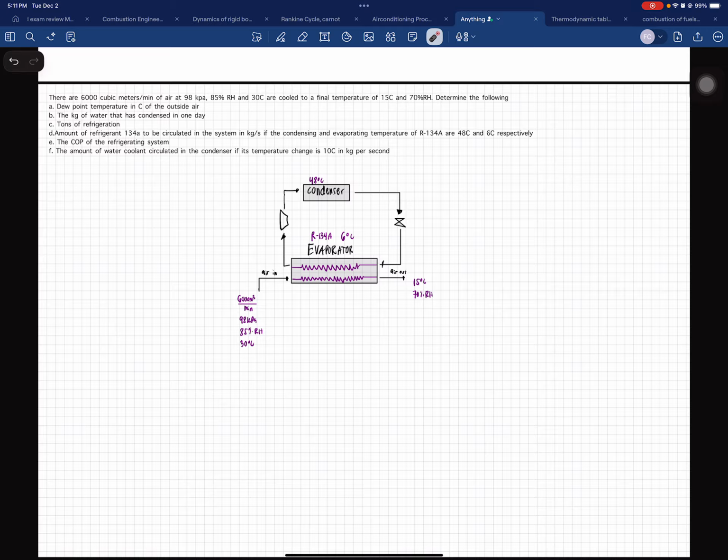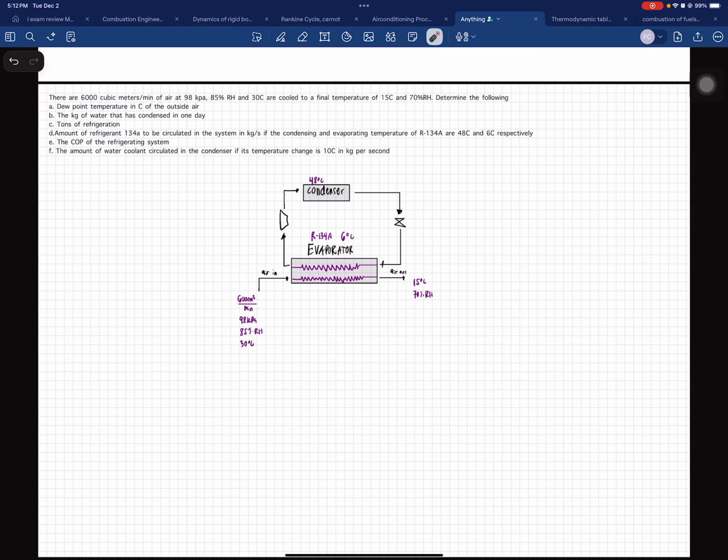That means as your air passes through the coil, there will be droplets of water condensing at this part. Tons of refrigeration is just how much energy was used to cool your air from 30 degrees Celsius to 15 degrees Celsius given their relative humidity.